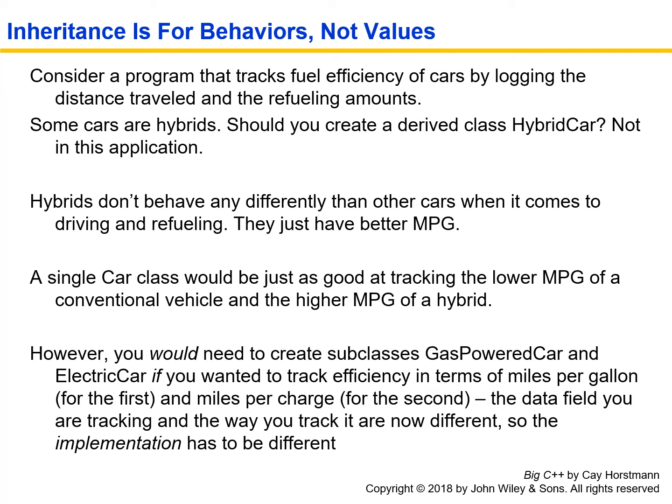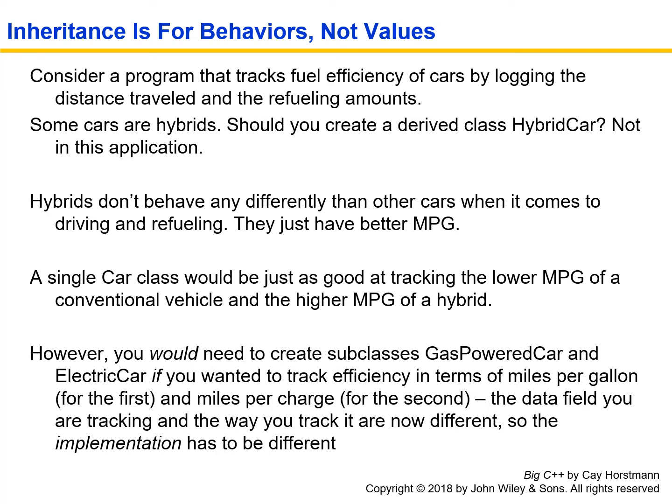Okay, one key point about inheritance. Inheritance is for when something has a different behavior or needs to track a different piece of data. It is not for something that just has a different type of value. So the example your book gives here is that if you wanted to track the fuel efficiency of cars, should you have a conventional car class and a hybrid car derived class?